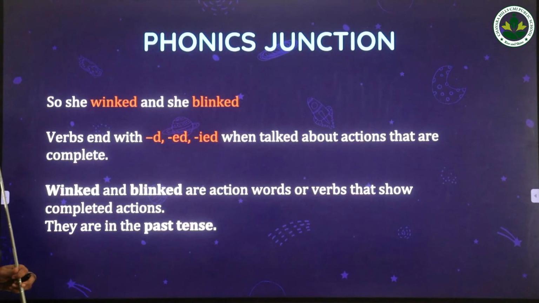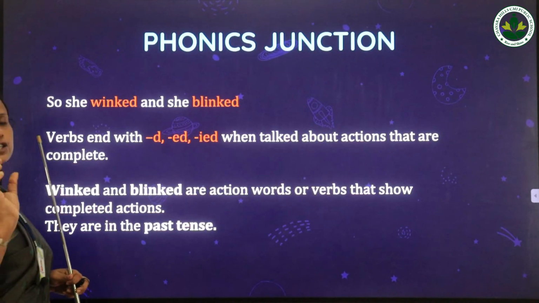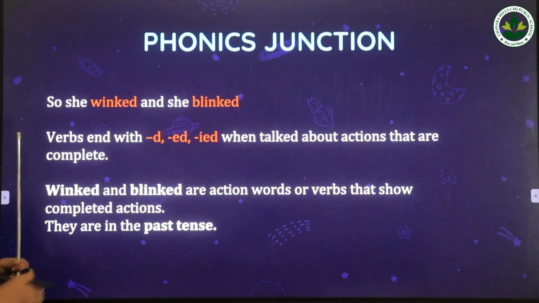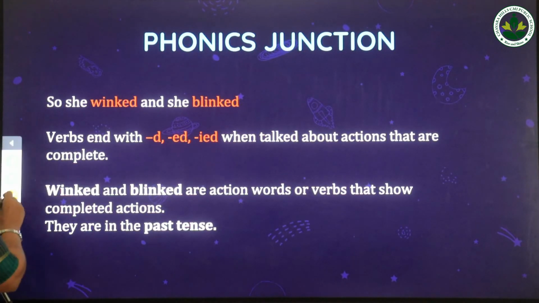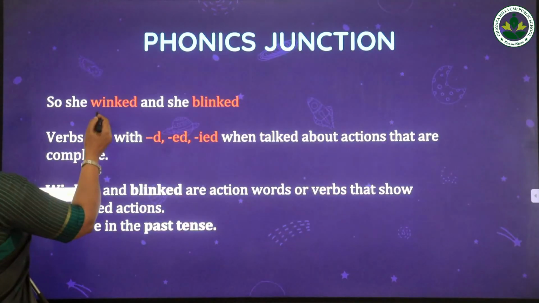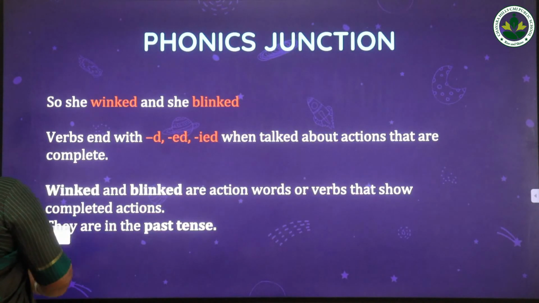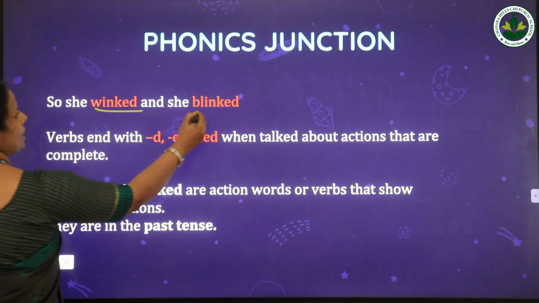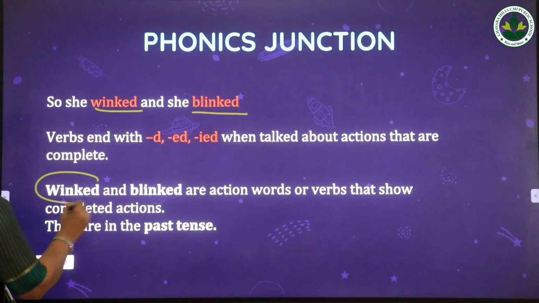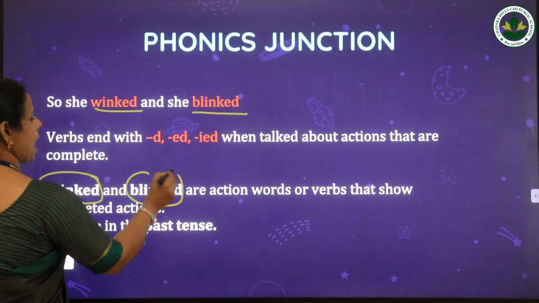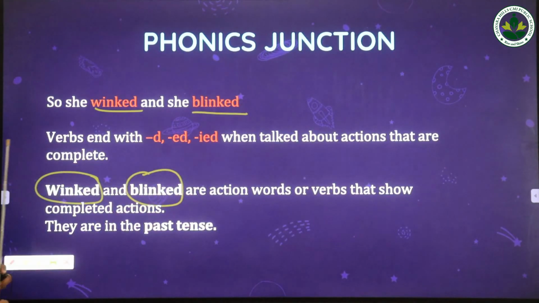So the verbs with D, ED and IED show the actions are complete. In this sentence you can see the two words winked and blinked. They are action words or verbs that show complete actions.